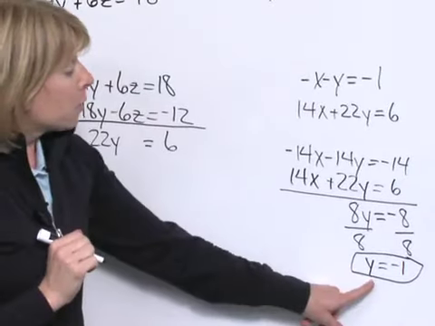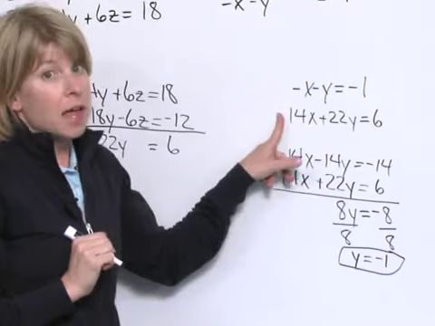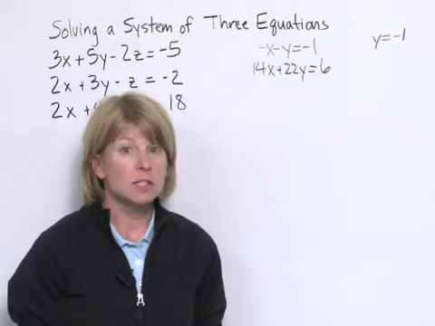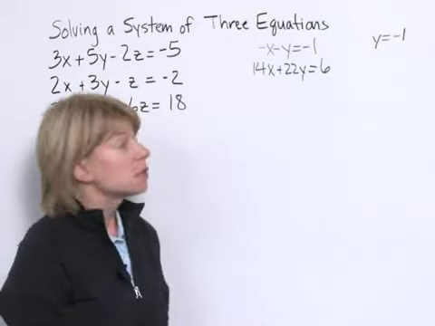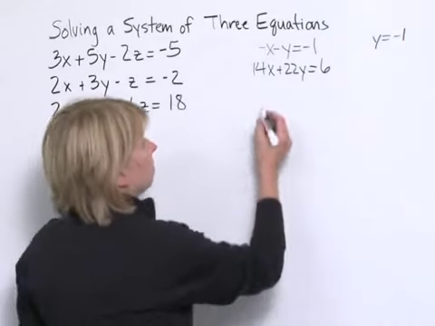Now we can take our value that we just found for y and put it into one of these equations to find x. We just found that y equals -1. Now let's find the value of x. We can use either one of these equations to substitute the value for y. I'll use the second equation.